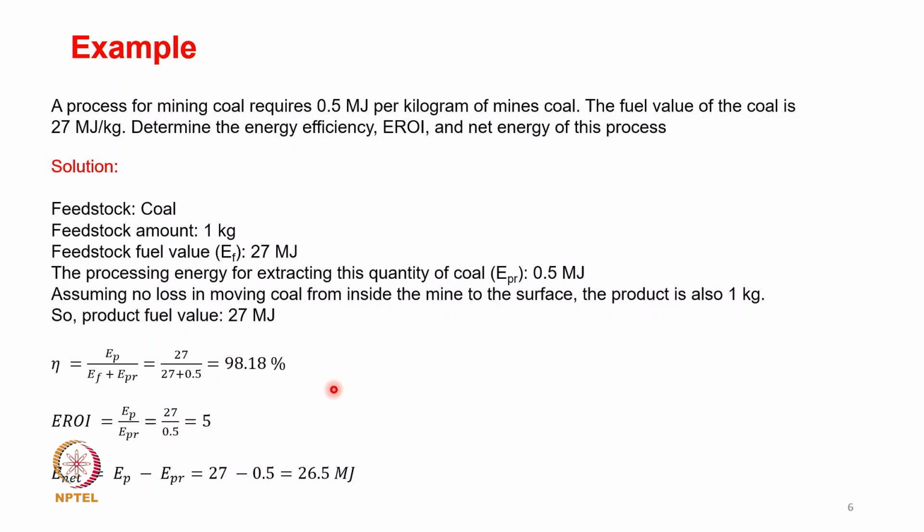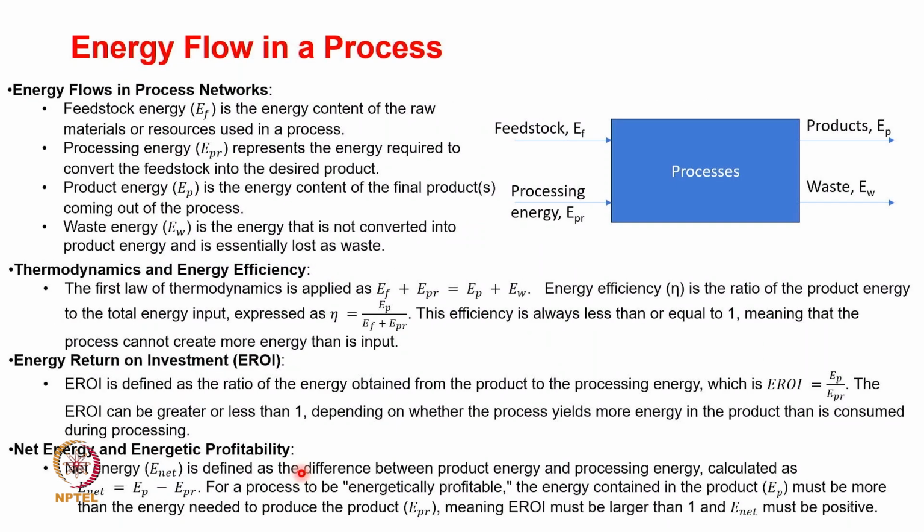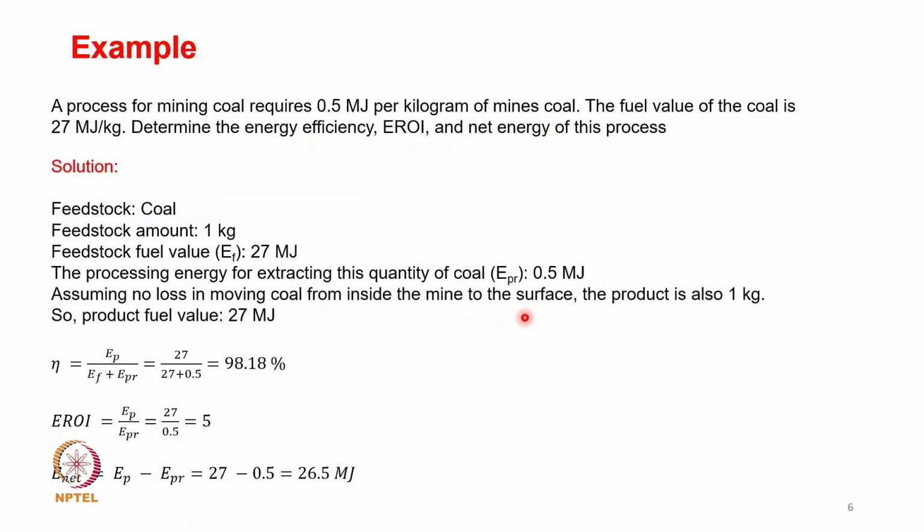So this number is 54. ENET is EP minus ER. So 27 minus 0.5, which will be 26.5 MJ. We have just done some of these basic calculations as an example.